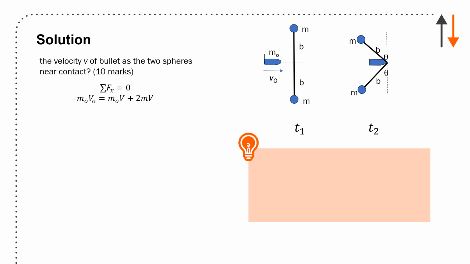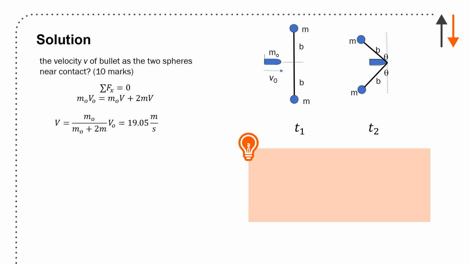All of the forces are short time. So if I look at the velocity of the bullet, it starts at v0, and at the second time it's going to move to velocity v. And velocity v is the condition at the second point. So if I look at this figure right here, it's going at v.